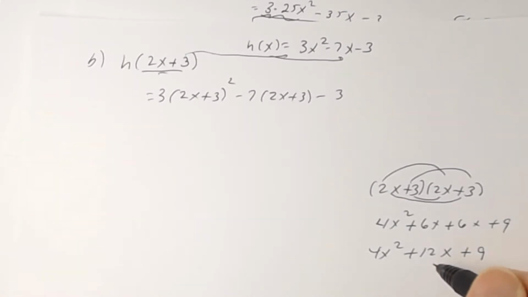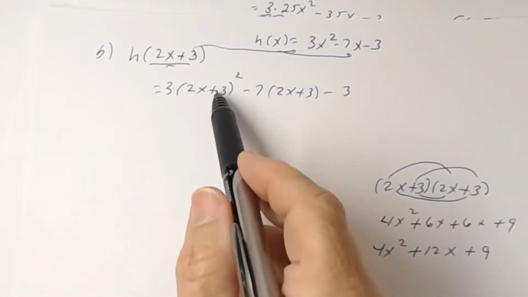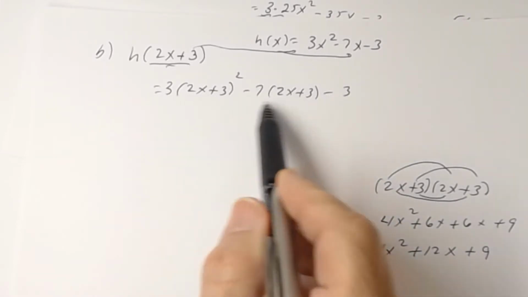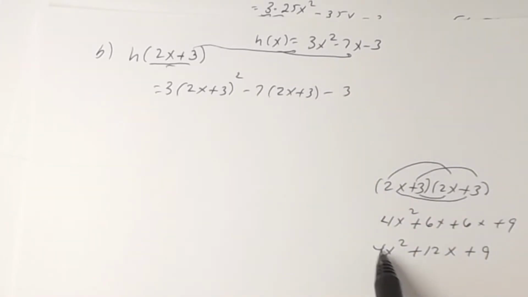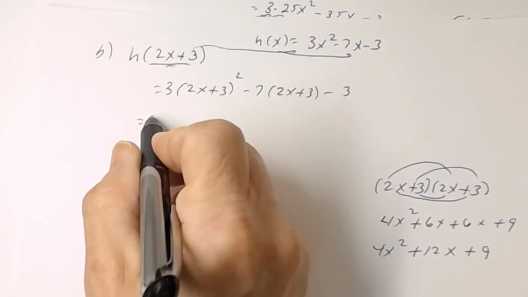Now what is it that I found? I found that binomial squared. But there's a lot more stuff involved here, right? This trinomial expression that I just found has to be multiplied by what number though? 3.